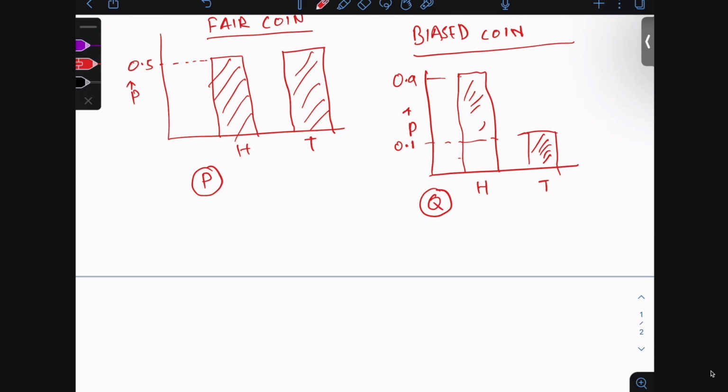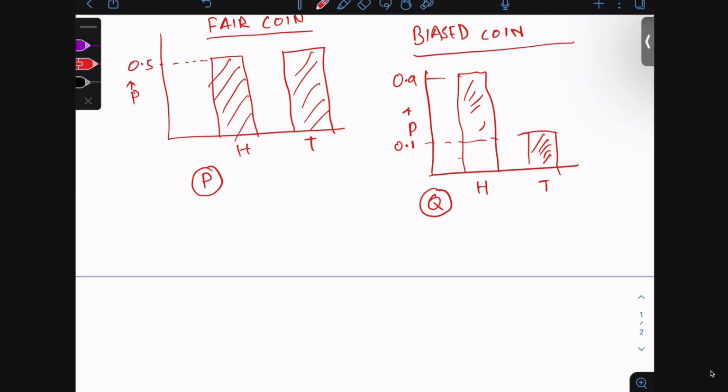Now, there are some formulas associated with KL divergence, but before the formula we'll try to see how we intuitively understand this. So friends, if we have to ask you how similar or dissimilar these two distributions are, what will you do?